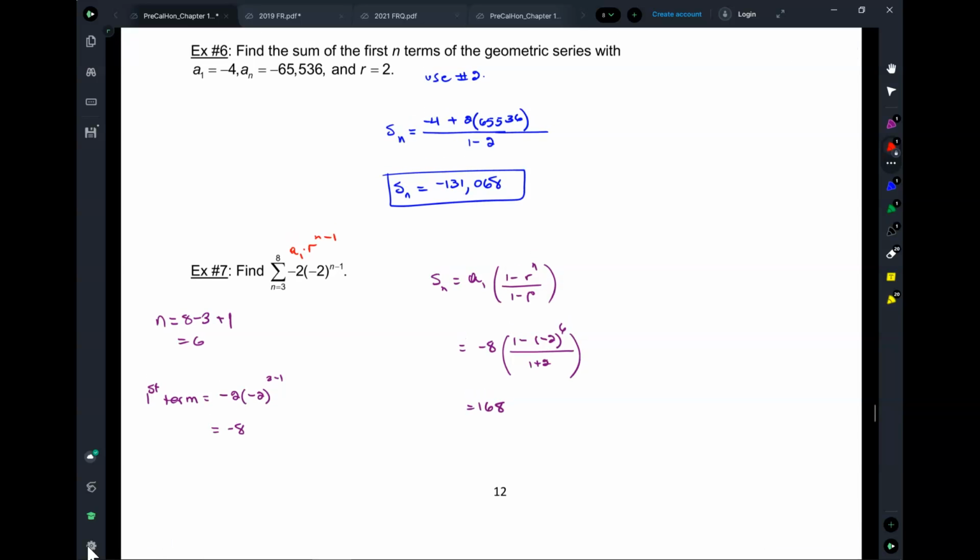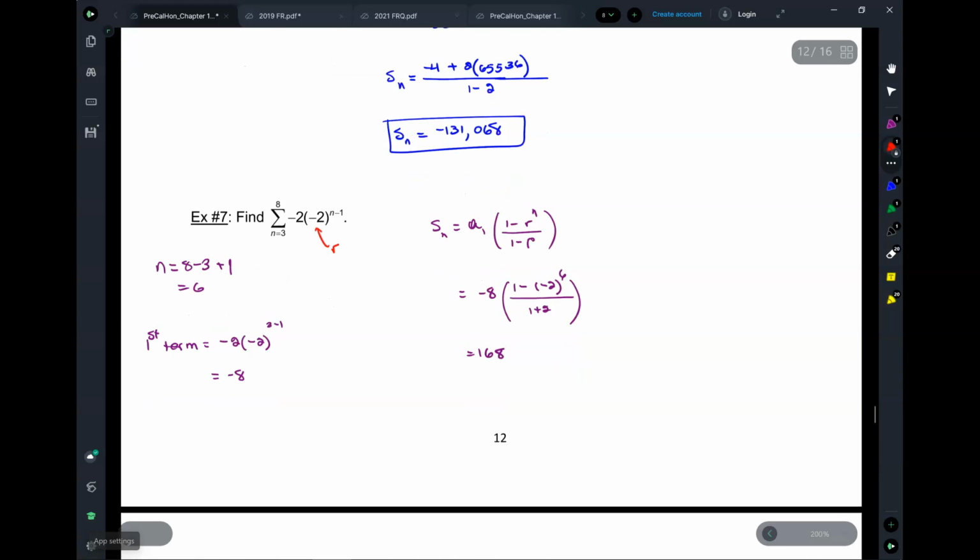So if you just match, all right, so here this number is R. But in this formula, when it says A sub 1, that's the first term of the sequence that you're adding. So that's why it's negative 8.